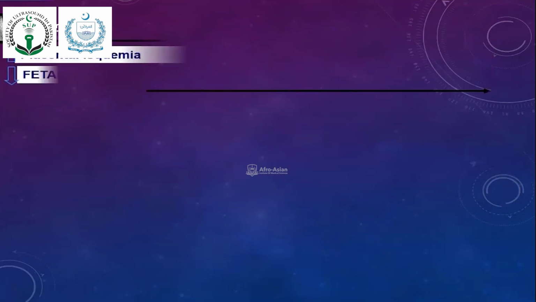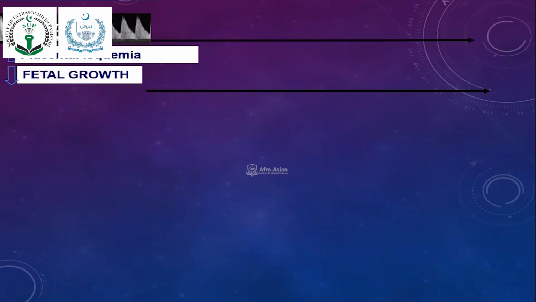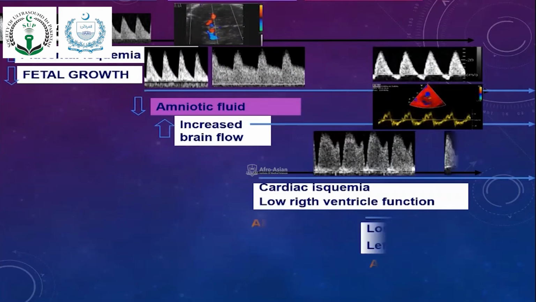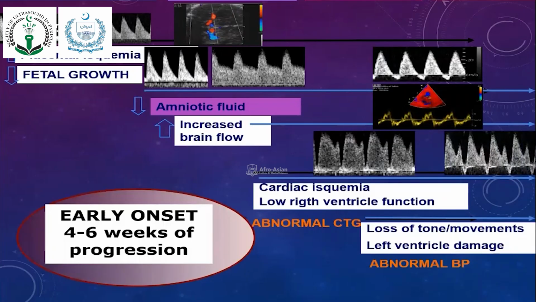For early onset, there will be 4 to 6 weeks of progression. There will be placental ischemia in the beginning.